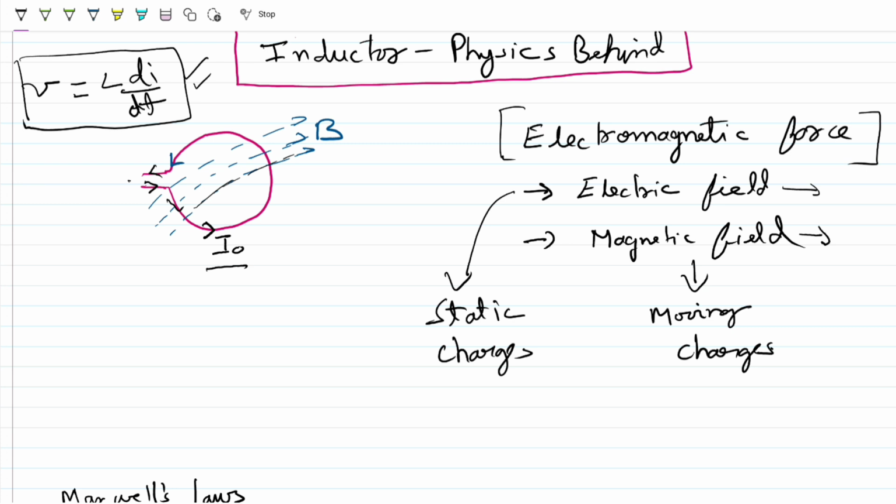So that's the direction of the magnetic field. In short, there is a loop in which a current goes in this direction, and it creates a magnetic field.